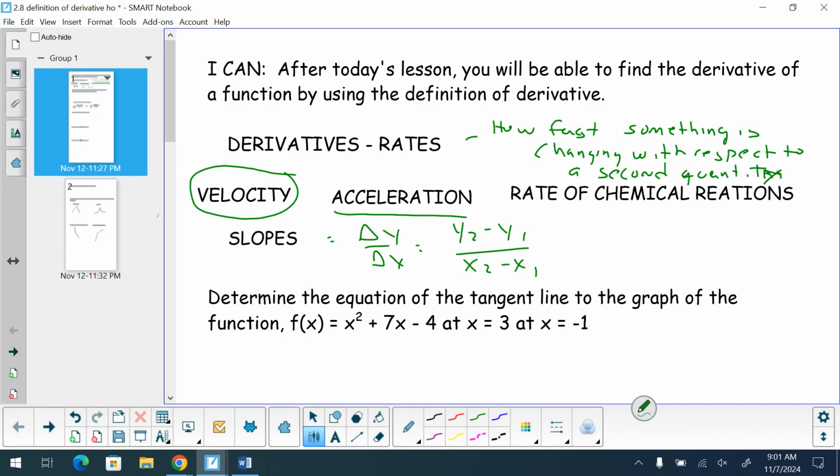Well, what we talked about, how we find this slope, is we took the limit as x approaches a of f of x minus f at a over x minus a. And this allowed us to be able to calculate the slope given only one point.